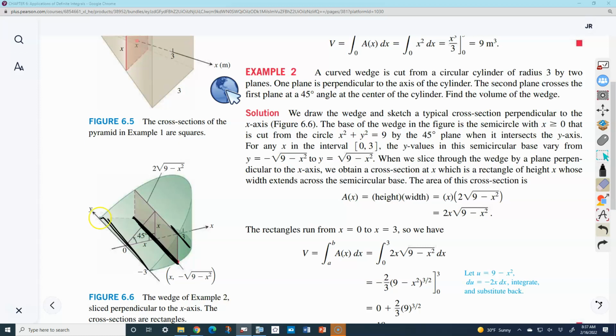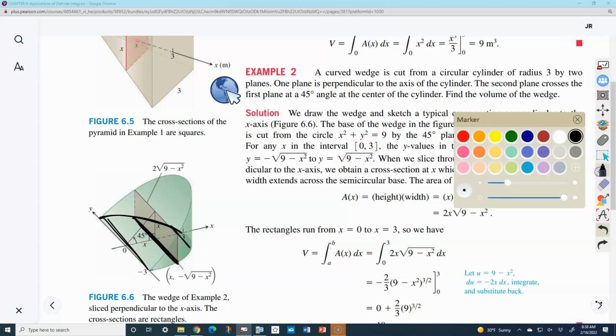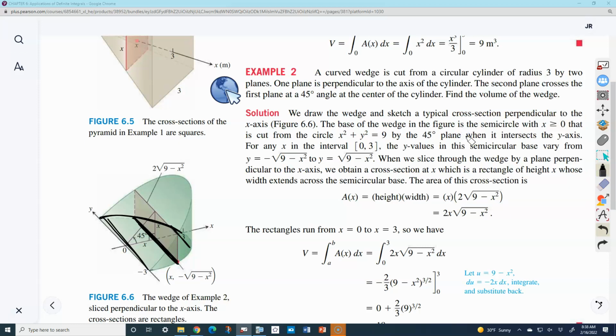Well, what if it was this curve minus this curve? Because this curve is a semicircle. This curve is another semicircle. All right.